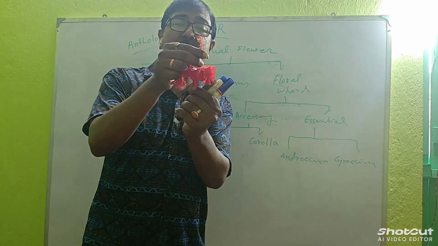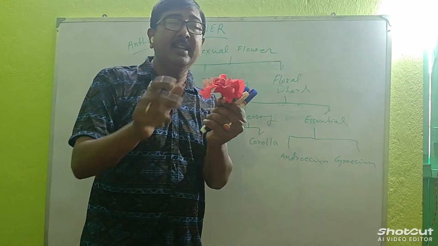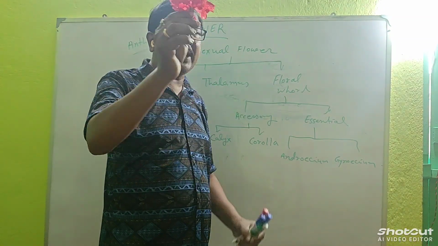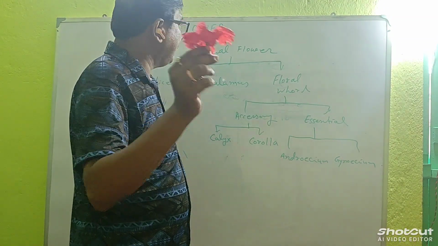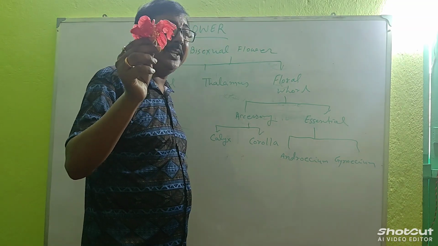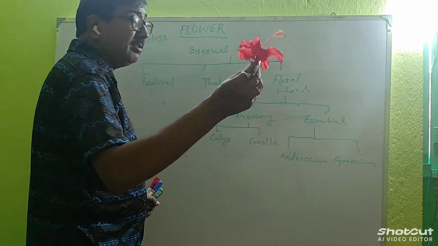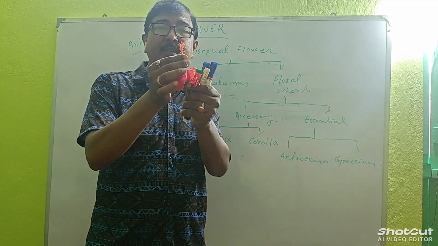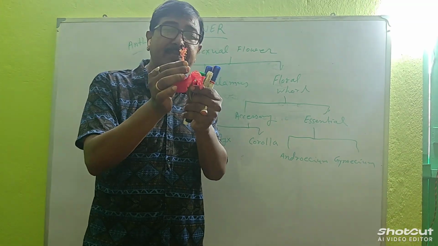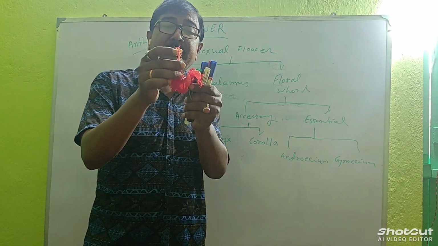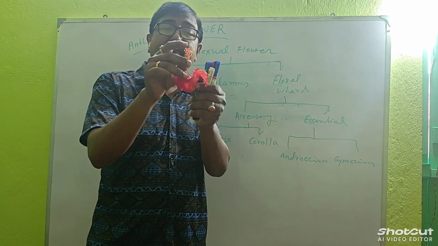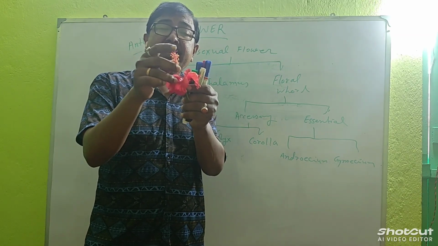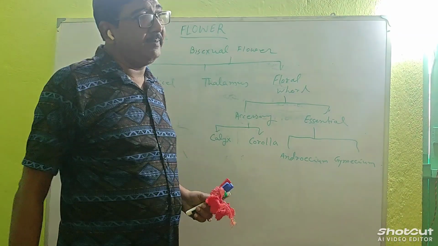This is the androecium, and the upper part is called the gynoecium. So four parts are present in the flower. This is a complete flower, and it is also bisexual because it contains both male and female parts. The yellow part is the male part, and the upper part, the gynoecium, is the female part.